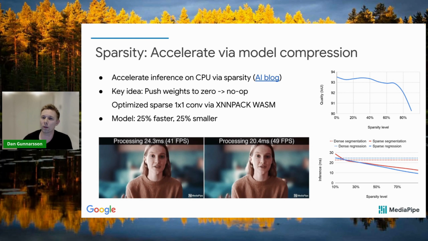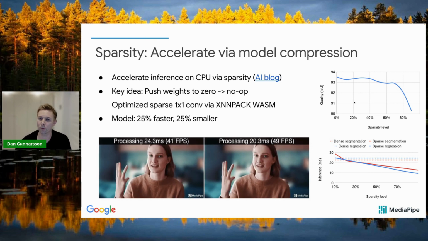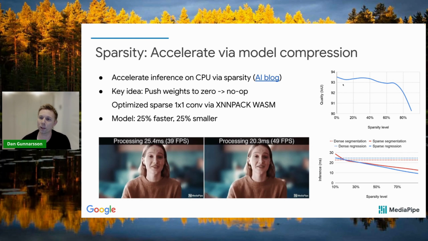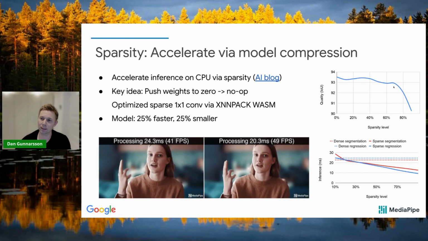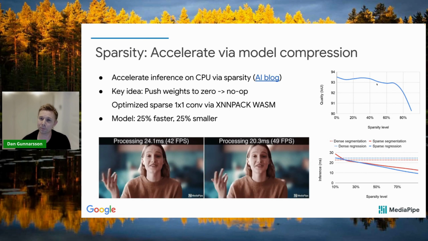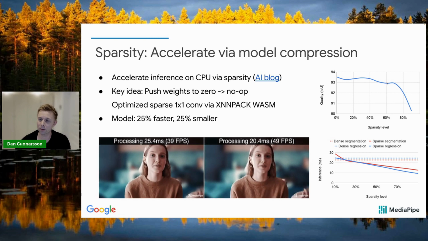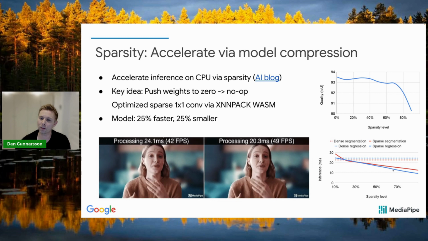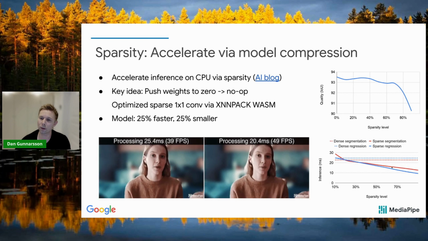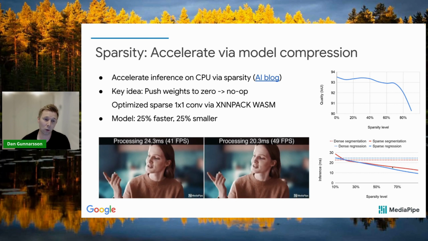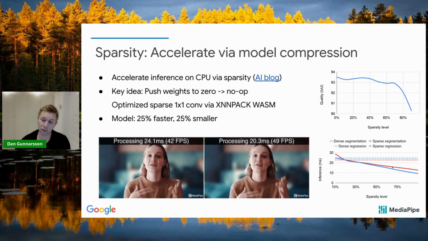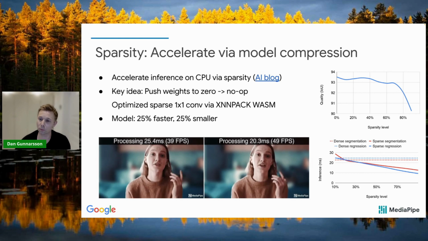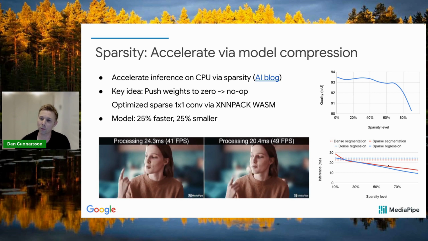Doing this, you can see the curves here on the right. We end up in a situation where we can go up to something like 70% sparsity and still get a similar level of quality. And this means that we can get the computation time down by 25%, and the performance increase, which you can see as the red line here.